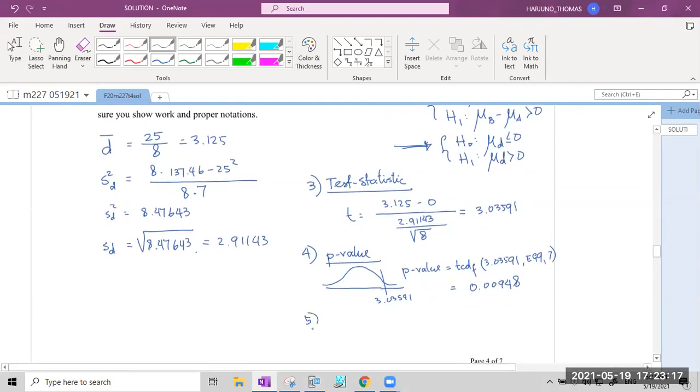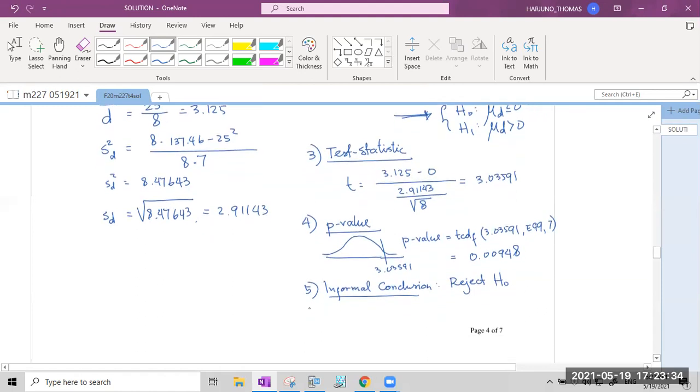Step 5, informal conclusion. Reject null hypothesis. Okay, conclusion.